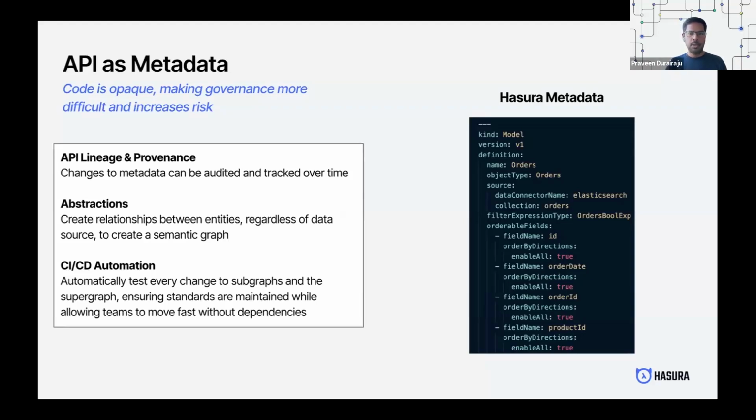So all of this adds up really well to reflect an API output. Now, the good thing is that since metadata is generic, the output of Hasura could be a GraphQL API or a REST API or any other format of API that you want to consume.